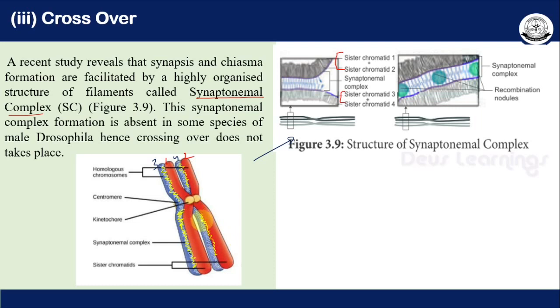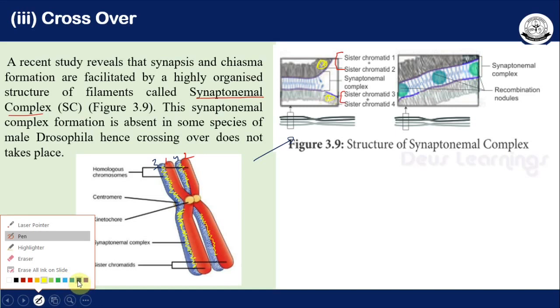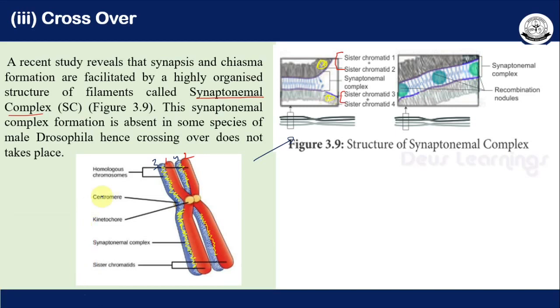Same mass, same charge, so they want to repel. So the synaptonemal complex tries to keep them together. Why? Because it's necessary and important for crossing over. Between these two chromosomes there is a protein complex, and this protein is rich in basic amino acids, so they keep them stuck together.